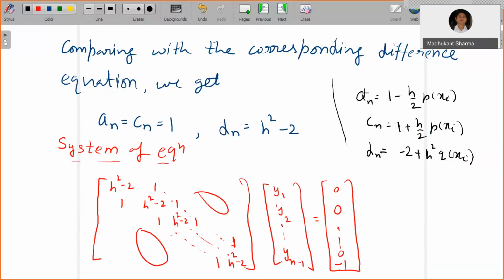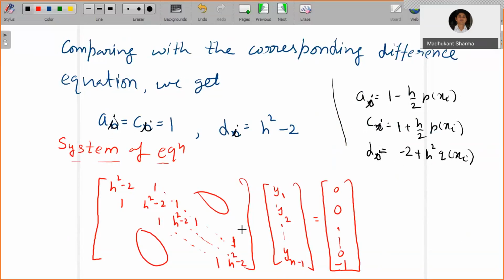So these are the values a_i, c_i and d_i. Here p is 0 and q is 1 for the given equation. So that gives a_i equals c_i equals 1, and d_i equals h square minus 2.